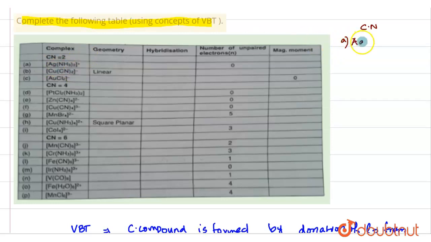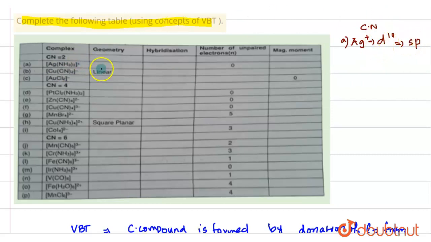So Ag plus implies a d10 system. D10 means all the d orbitals will be filled, and we need two empty hybridized orbitals for NH3 to donate electrons. Where can they be found? They can be found from the next corresponding s and p orbitals.